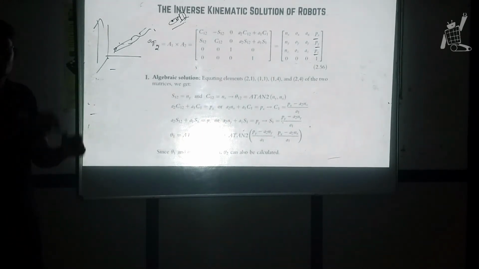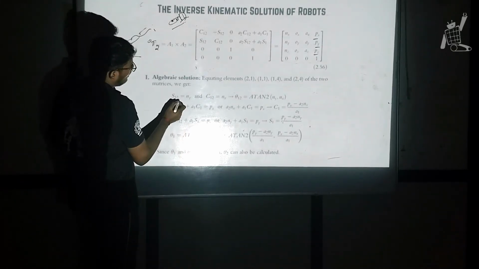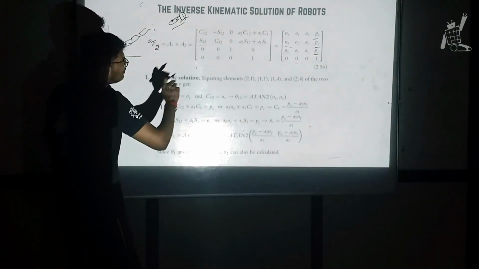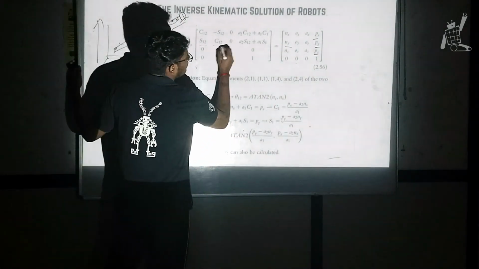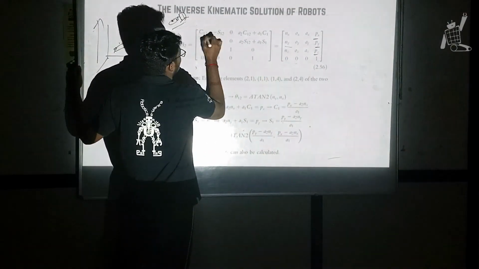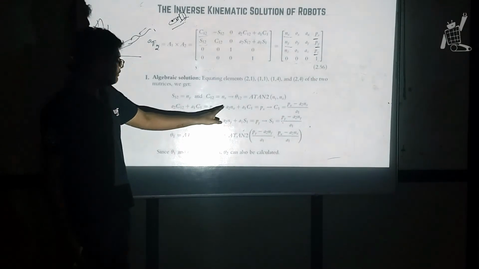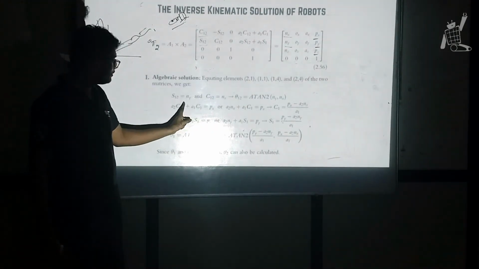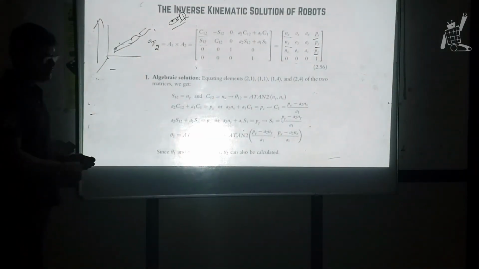I know sin theta12 is ny, since we are equating the two matrices, and cos theta12 is nx. So theta12 will be atan2 of ny, nx. So I got theta12.